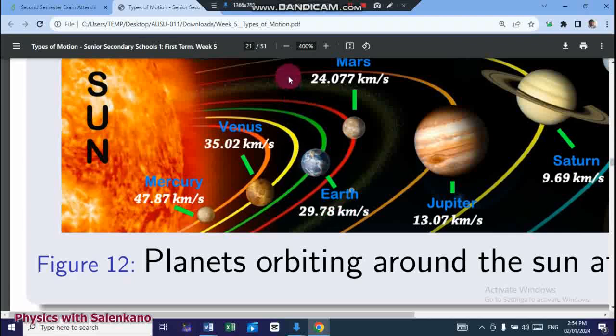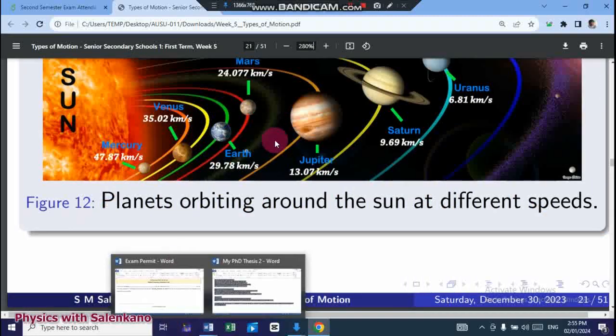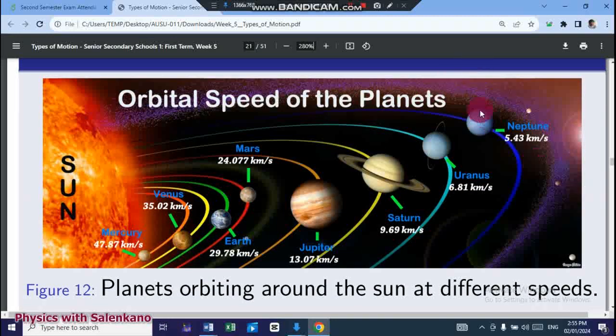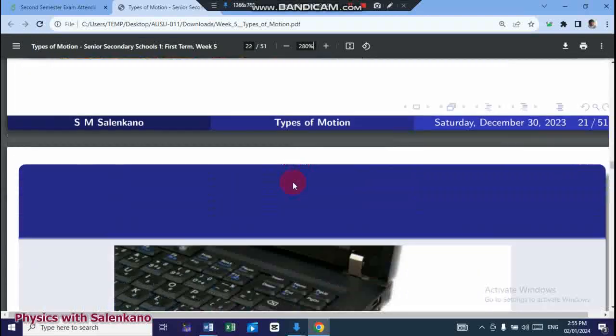Now this speed is decreasing constantly, and the last one you can see, Neptune, it has a speed of 5.43 kilometer per second in just 1 second. This is the least of all the speeds.